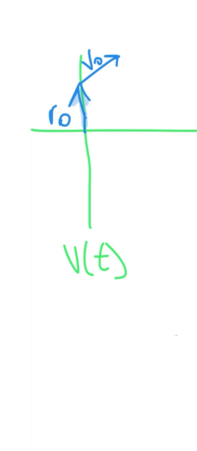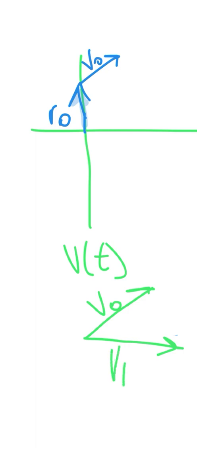So v of t is the velocity. Let's say we draw out the vectors. This is v0, or the initial velocity, and this is v final, or the final velocity. So this would be the change in the velocity, this vector here.